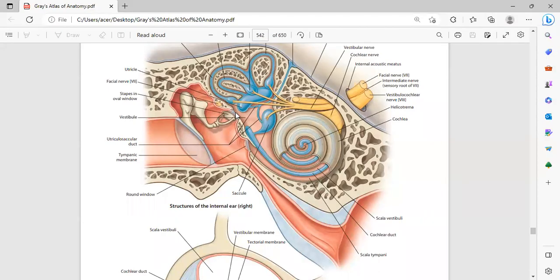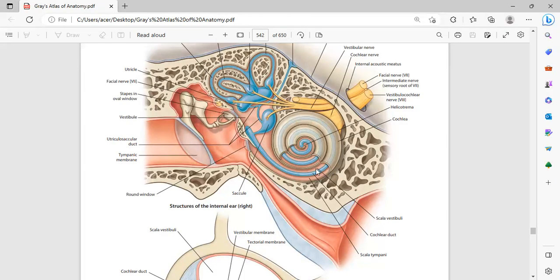Okay, and then the osseous labyrinth is filled with fluid which is called the perilymph. And inside the osseous labyrinth, you have the membranous labyrinth. The blue colored tubes are what we call the membranous labyrinth.